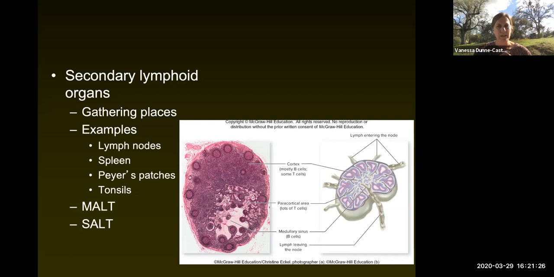If they don't become activated, usually these guys only last a couple of weeks. And so there's a constant turnover of our B and T cells. If you can imagine, there's seemingly an indefinite number of antigens that can come into our body on these different pathogens.